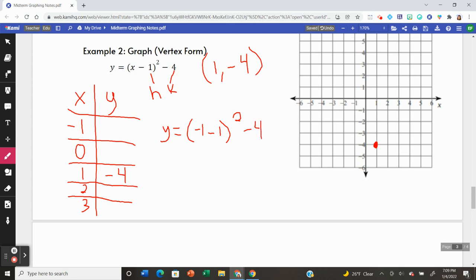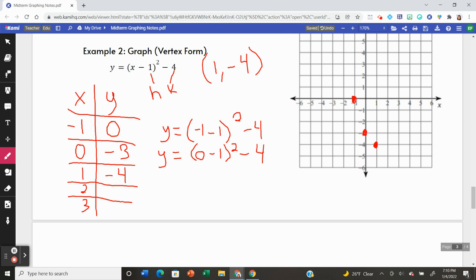When I evaluate this, I get 0. So -1, comma 0 is going to be a point on our graph. If I evaluate for 0, I'm going to end up with, looks like, -3. So 0, -3 is a point on our graph.